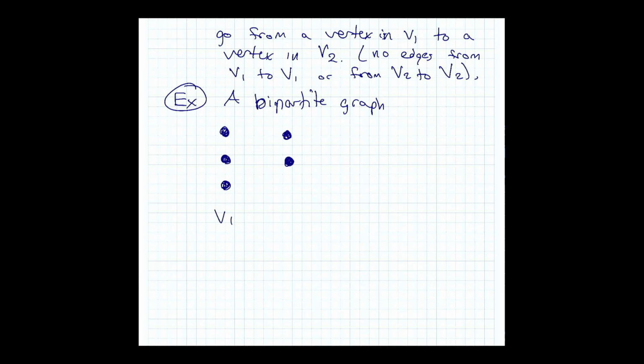Like V1 is here and V2 is here. You can have this edge, this edge is allowed, this edge is allowed. There are more edges allowed, but the point is that for every edge, one end is on the left and one is on the right. There's none going between these vertices, and none going between these vertices. So those are bipartite.